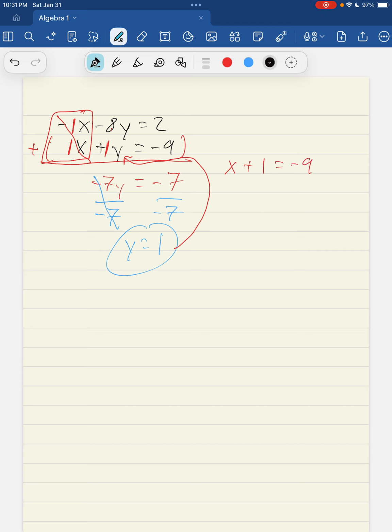From here, we just need to use algebra to get our x by itself. Opposite of plus 1 is minus 1. Do that to both sides. And x equals negative 9 minus 1, which is negative 10. Bop. And our final answer is written as an ordered pair. X term first, negative 10, comma 1.